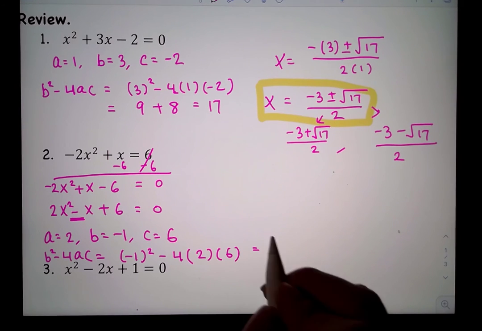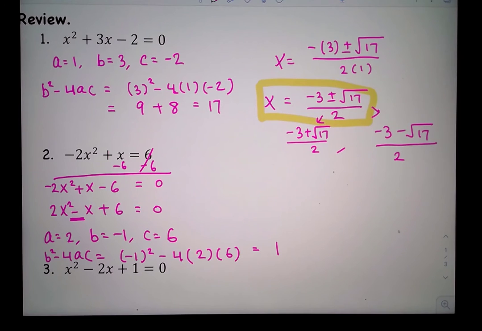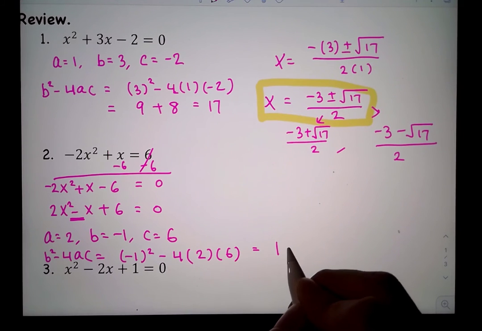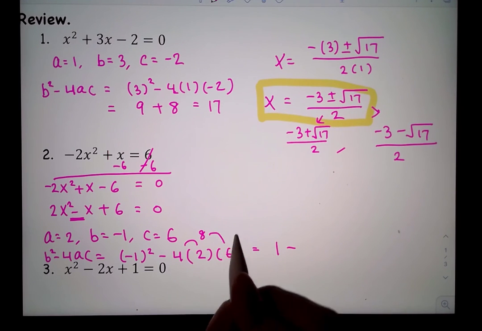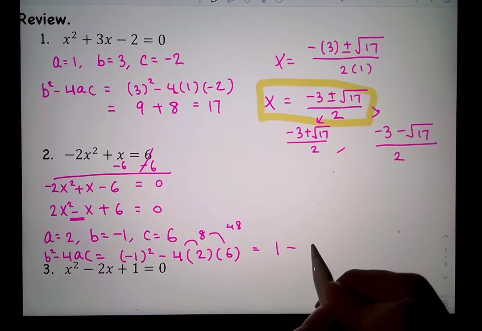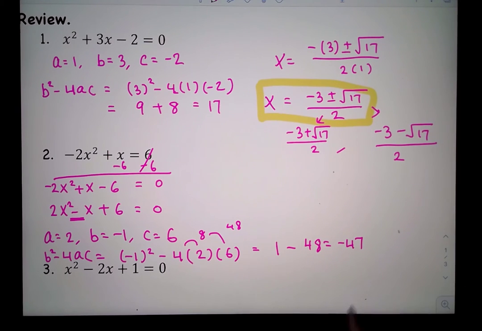Negative 1 squared is 1, not negative 1, because that means negative 1 times negative 1, which turns to positive 1. Then minus 4 times 2 is 8, and 8 times 6 is 48. So 1 minus 48 is negative 47.